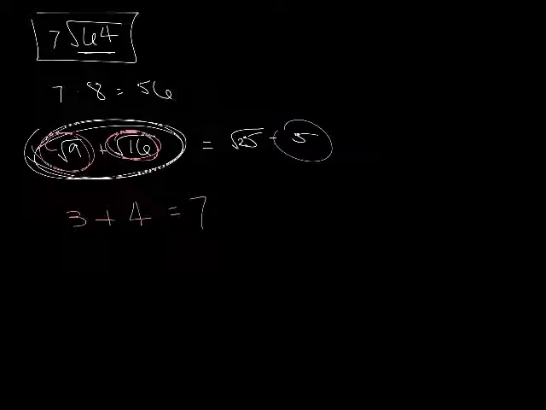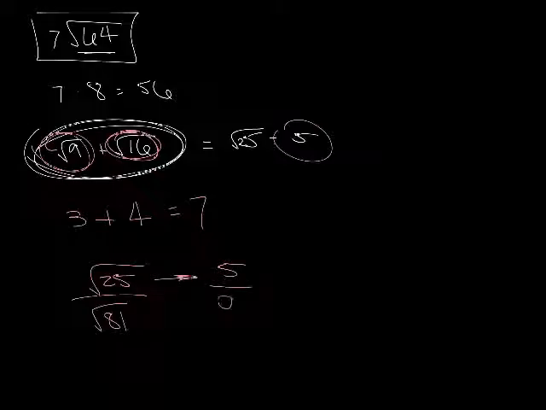When we have something like the square root of 25 over the square root of 81, same thing. We cannot take 25 divided by 81 and get an answer. We take the square root of 25, the square root of 81, and get 5 over 9 when we're done. Keep going with some of these examples here. We have 12 square root of 25.